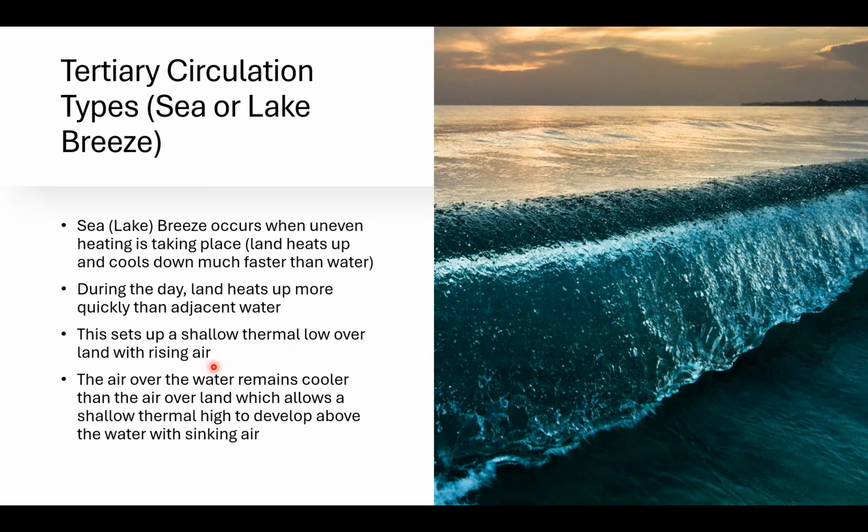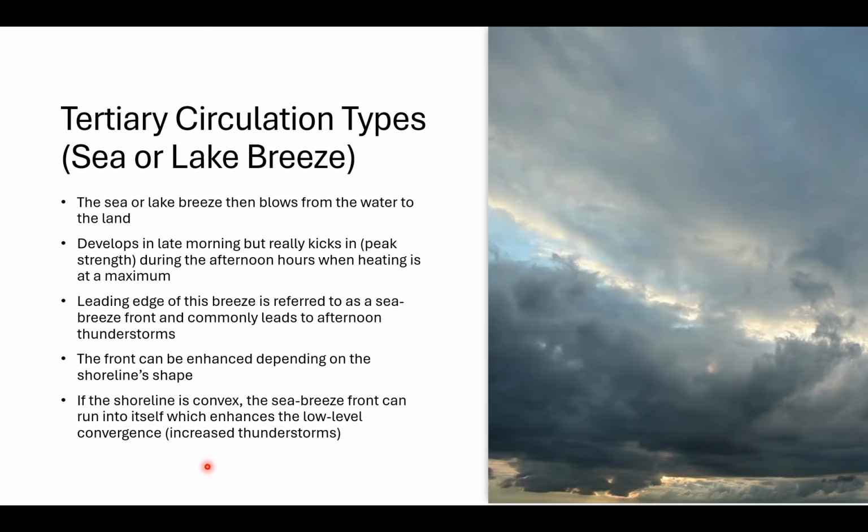You get rising vertical air motion over land because the air is hotter and less dense. And you get the air to move in from the lake or the sea, the sea breeze or the lake breeze, coming in from the water, replacing the rising air over the land. So you get air over the water that's cooler than the air over land, and that develops a thermal high above the water with sinking air motion.